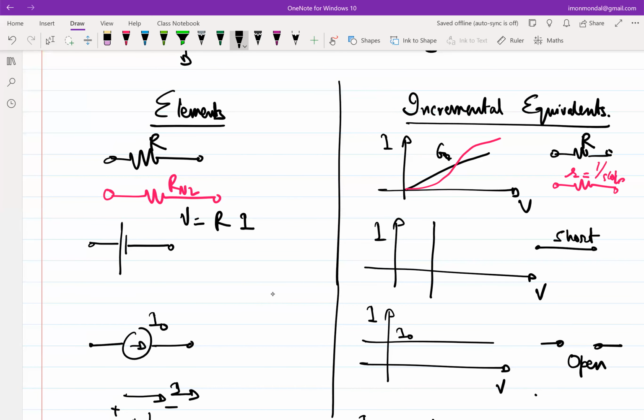If R is constant, then this automatically means it's a linear resistor, correct? Since we are doing IV characteristics all the time, let me write in this form, I equal to, let's say, G times V, or V by R. So the relationship between I and V is linear only when R is constant. Let's say R is a function of V. Then obviously the relationship between I and V is not linear, right?